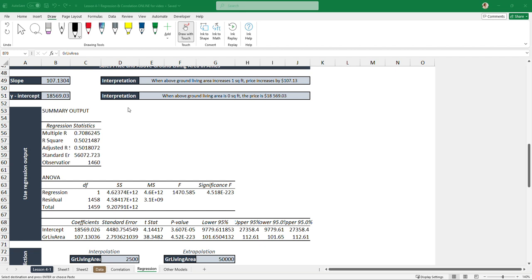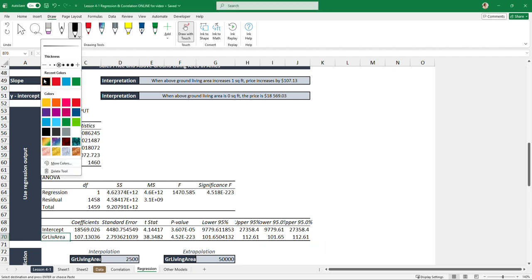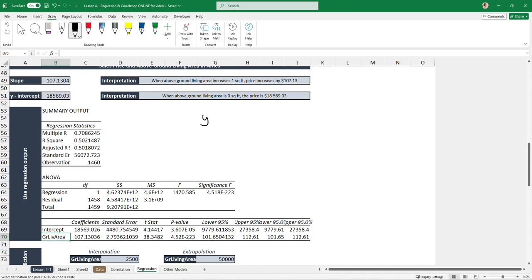Remember that the equation of the line in statistics is y hat is the slope times x plus the intercept. In this case, what we're trying to predict is the price, and we would say it is the value of the slope, about 107.13, times x. The x variable is the living area.